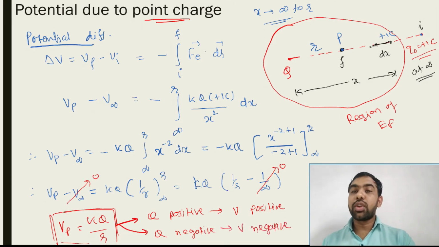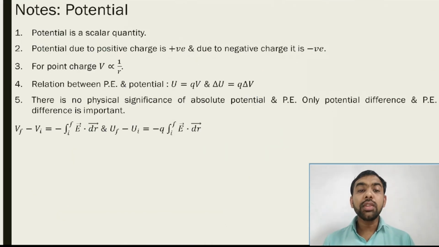So this depends on q. The potential of a positive charge is positive and the potential of a negative charge is negative. That is the important one, because when you find the potential of any charge, use the sign, positive and negative both. Okay, note this also.